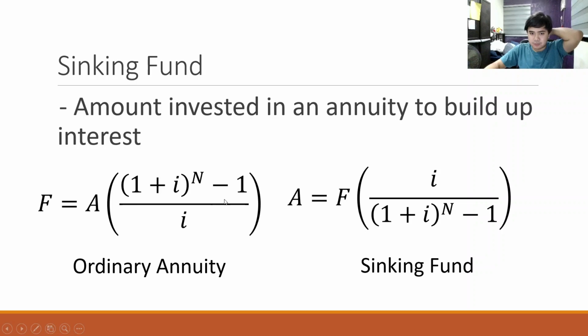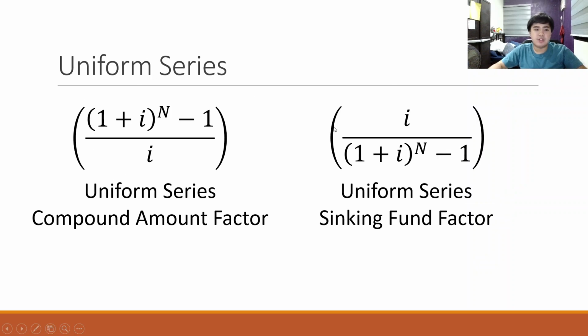And if we isolate A, we get this formula: A equals F times the reciprocal of this factor. These factors have special names: the uniform series compound amount factor and the uniform series sinking fund factor. They're basically just reciprocals of each other, but they do have special names.